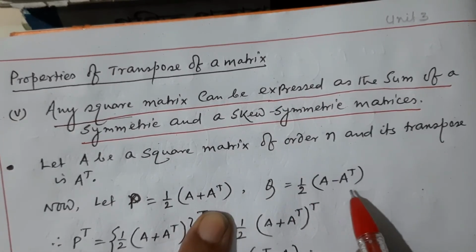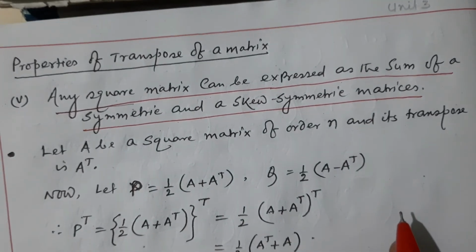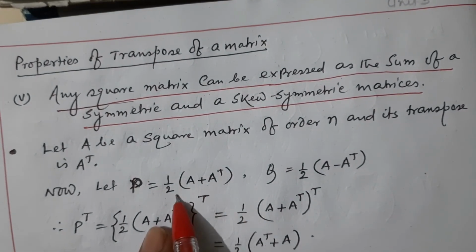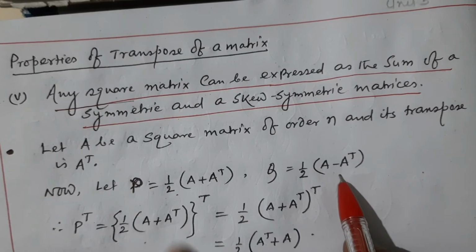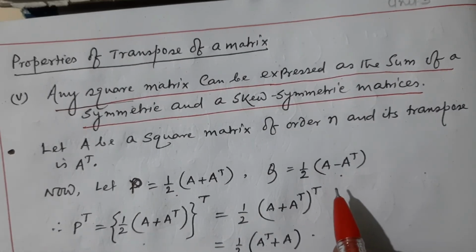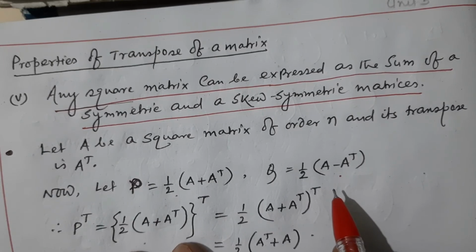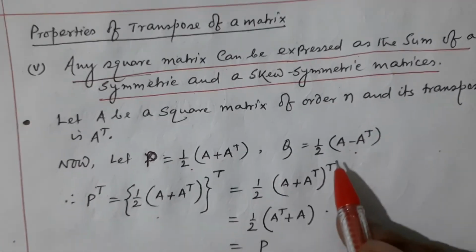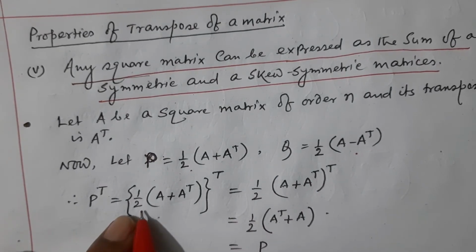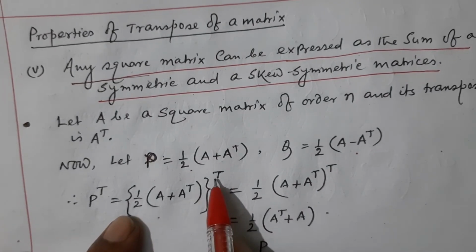We have to prove that one matrix is symmetric and the other is skew symmetric. To find which is which, we evaluate the transpose. So P transpose is equal to half into (A plus A transpose) whole transpose.